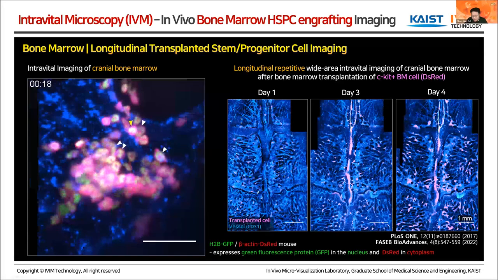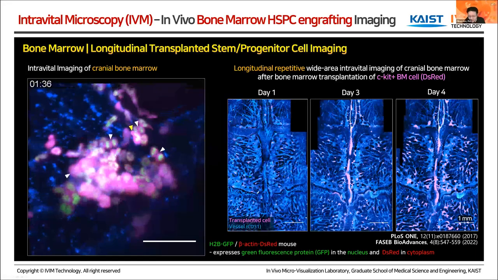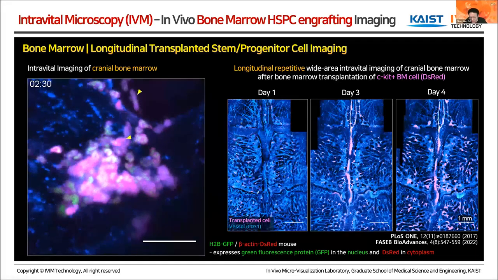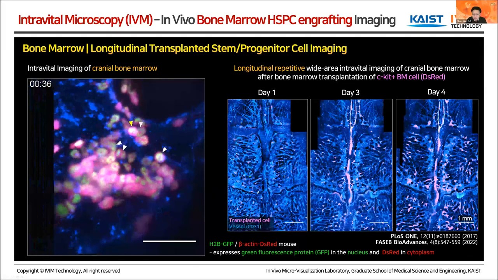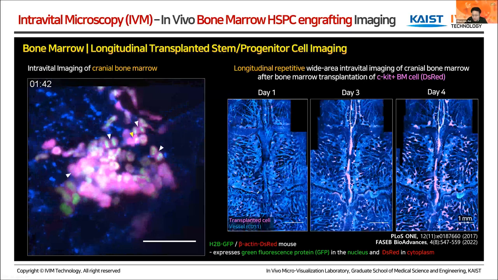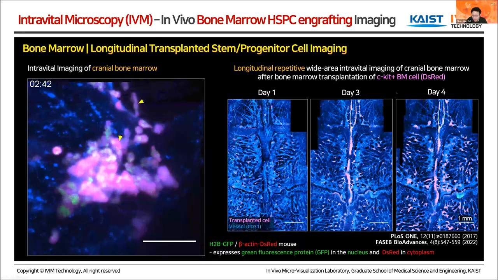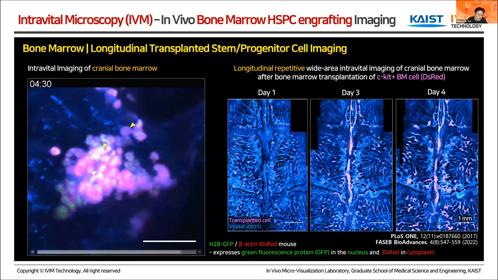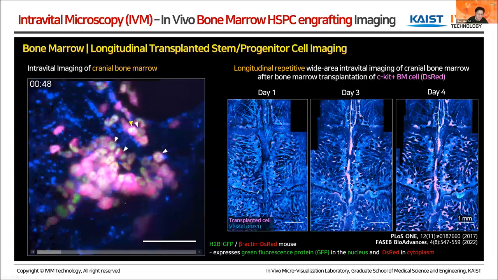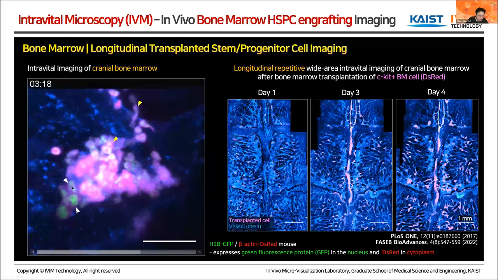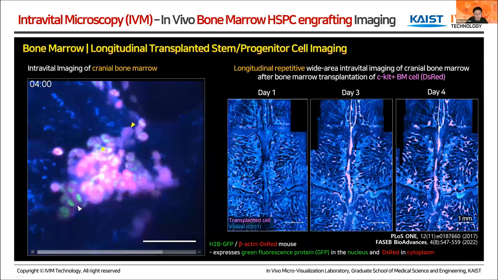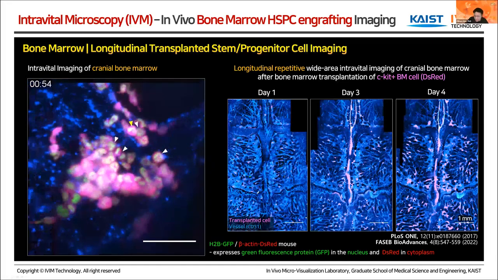And then from day 3 to day 5, we can see a very dramatic increase of the transplanted cells. So it means active proliferation of the transplanted cells happens at this time point, at day 3. And this is actually 5 hours time-lapse data. So you can see the active proliferation of these transplanted cells in the bone marrow.